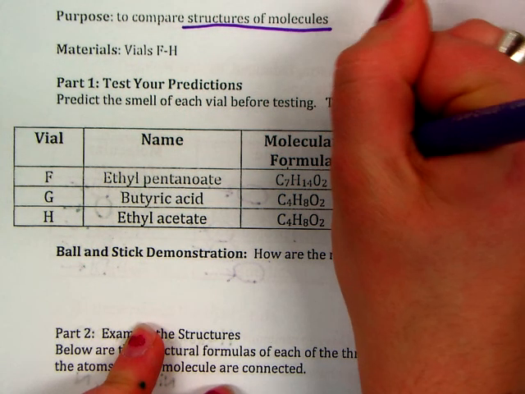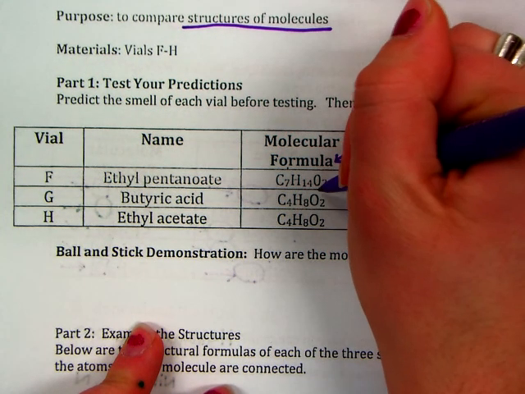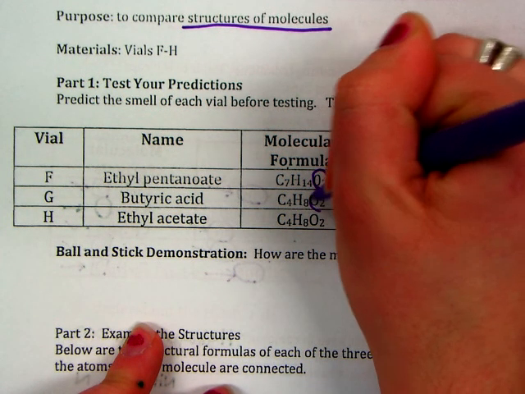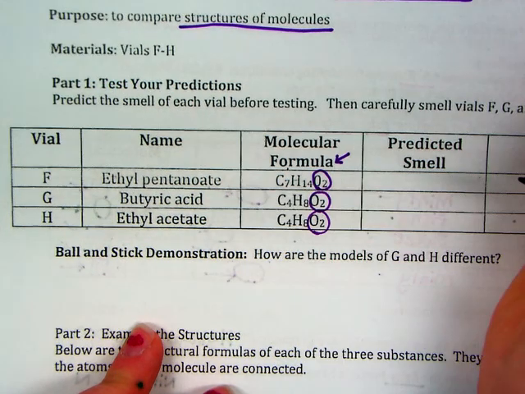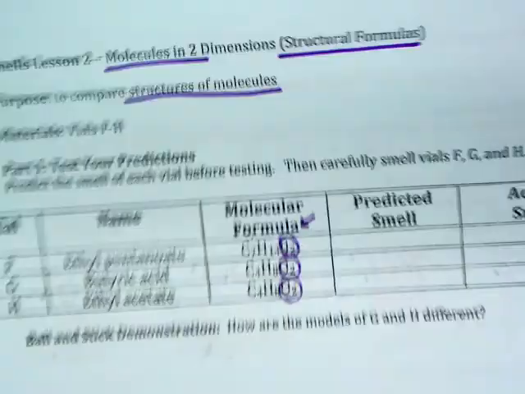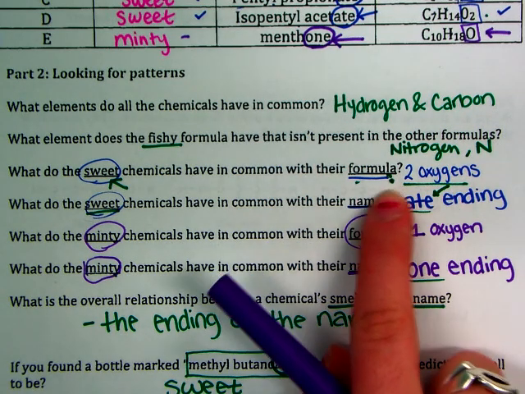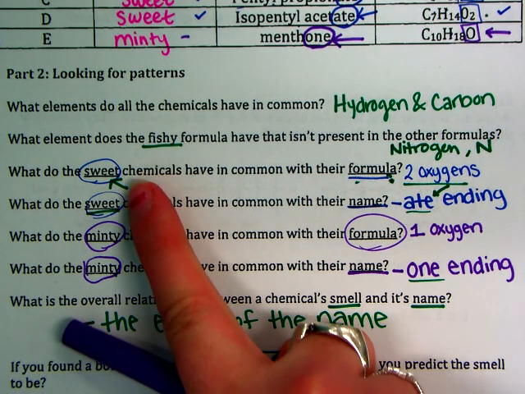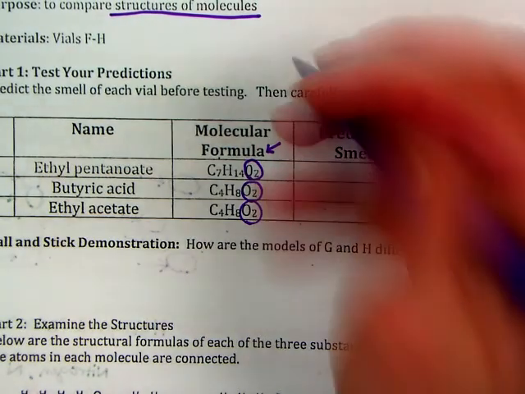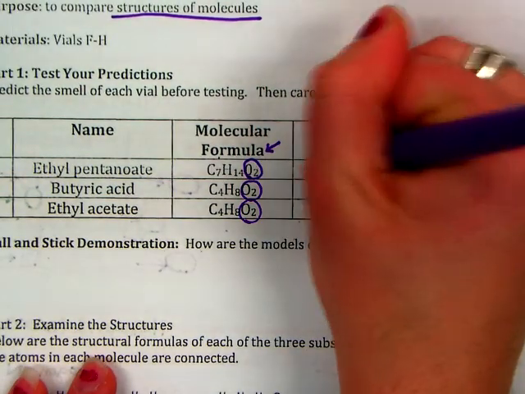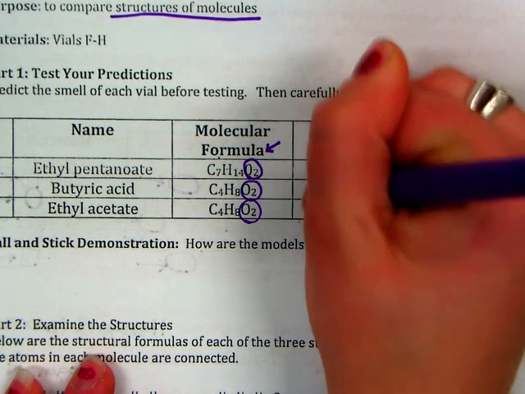I see that in my molecular formulas, they all end in O2. They have 2 oxygens. Going back to Lesson 1, we said that chemicals that have 2 oxygens in their formulas have a sweet smell. So I'm going to predict that all 3 having O2 are going to be sweet.